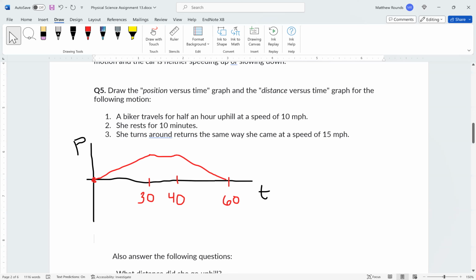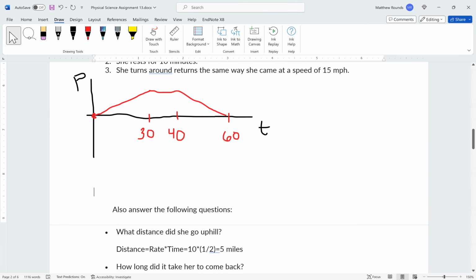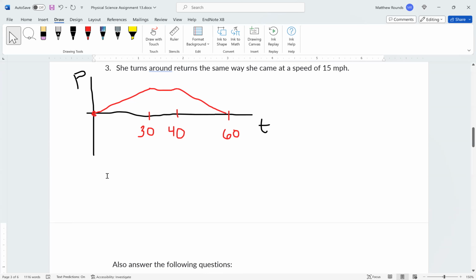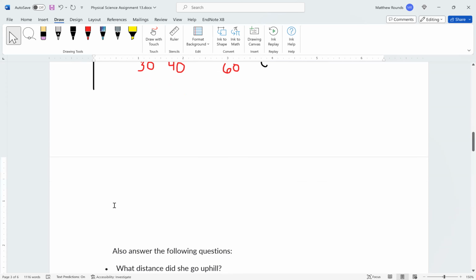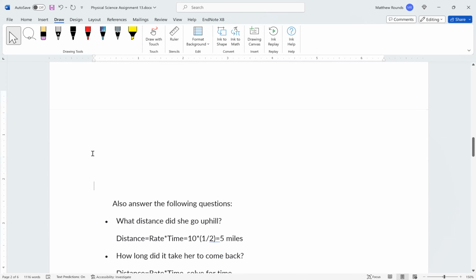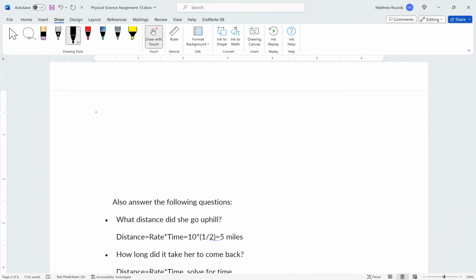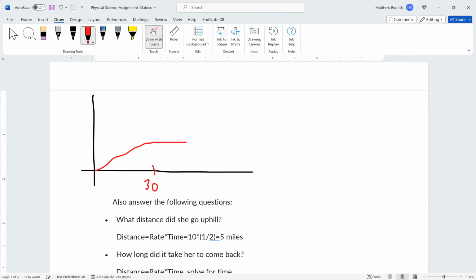Okay, now the distance graph is a little bit different. I run out of room. Okay, so the distance graph, let me do that down here. So the first part of the position and distance graph looks exactly the same. They're going for 30 minutes, and then their distance doesn't change for the next 10 minutes.